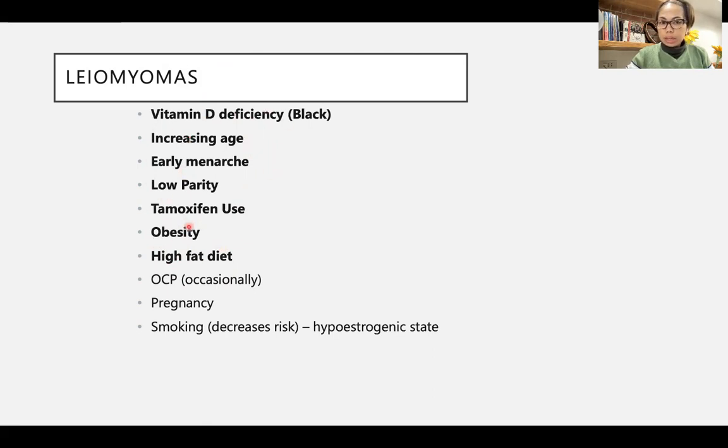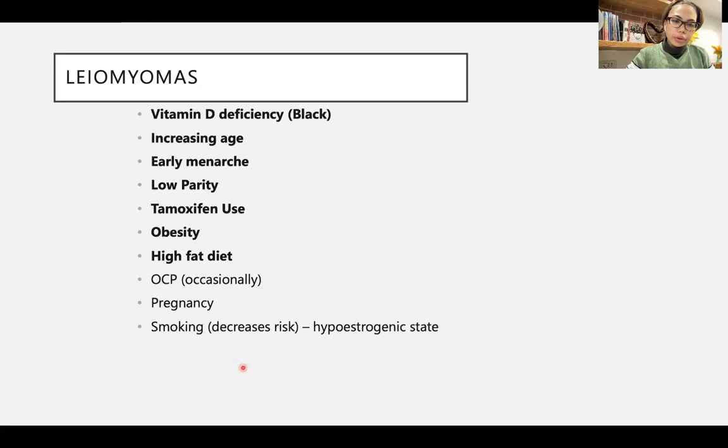As you can see, there is an increase in estrogen exposure, especially with increasing age, early menarche, low parity, tamoxifen use, obesity, and high-fat diet. Now, OCP, according to the book, occasionally becomes a risk factor. Pregnancy also.